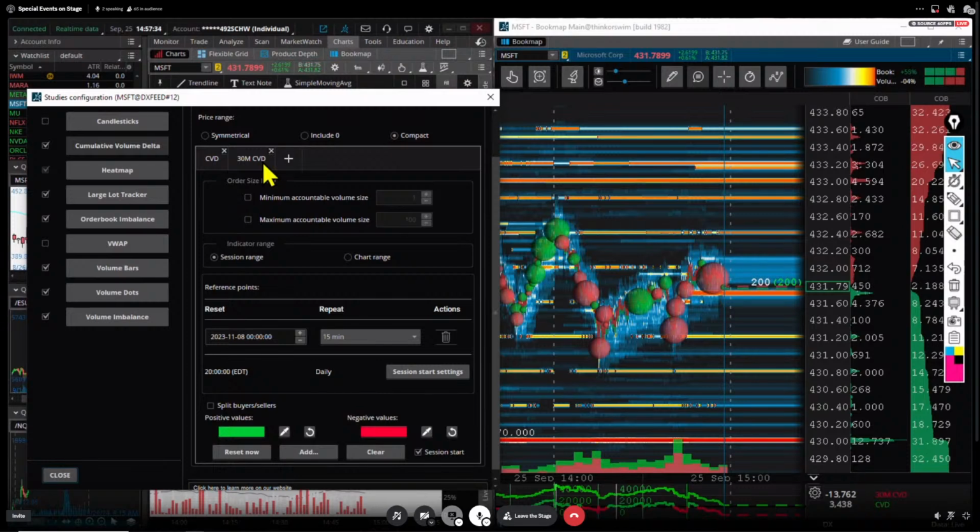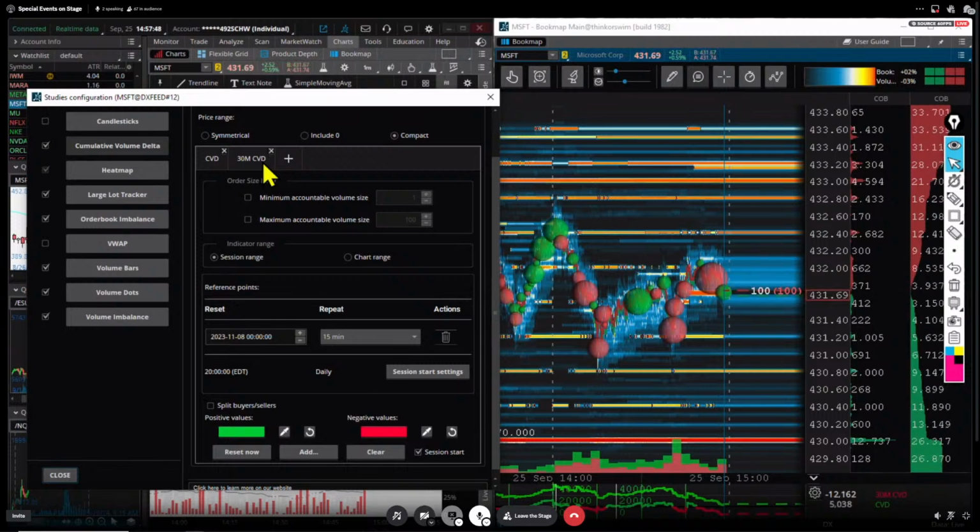So the first thing I really like is CVD. Cumulative volume delta is kind of the great answer to that mythical question: is it buying or is it selling? If the CVD is red, it's selling. If the CVD is green, it's buying. It doesn't mean it's necessarily going up or down, by the way.